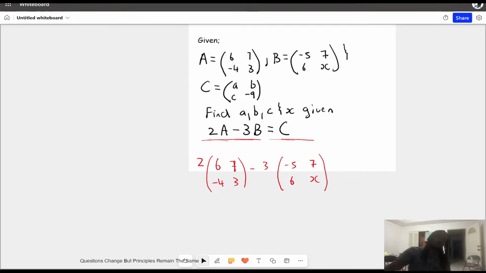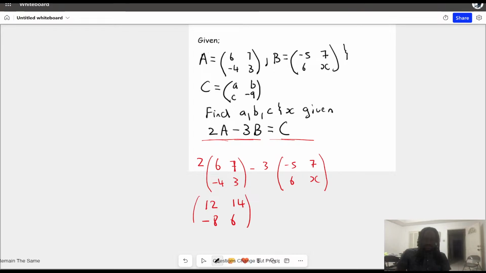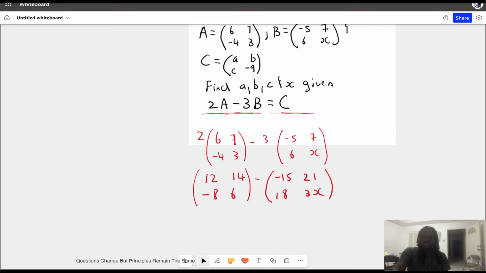Remember, work out the multiplication part first. So 2 times 6, that's 12, that's 14, that's negative 8, that's 6, minus 3 times negative 5, so that's negative 15, 3 times 7 is 21, that's 18, and then that is 3x. That's the left hand side.